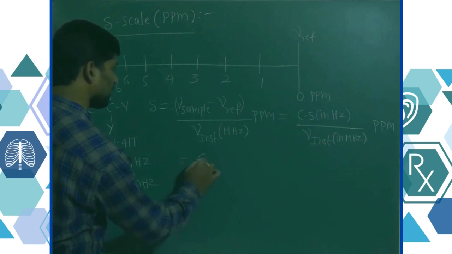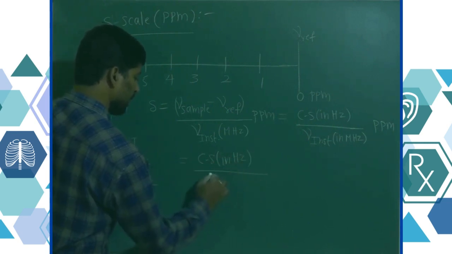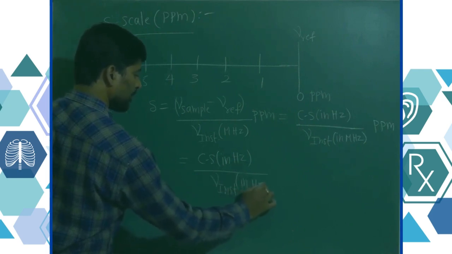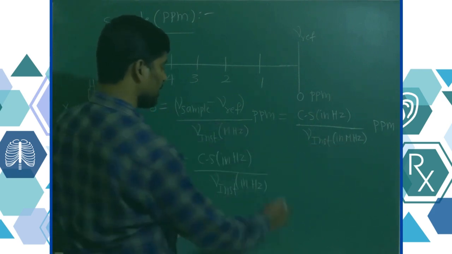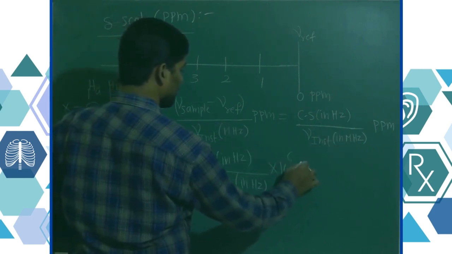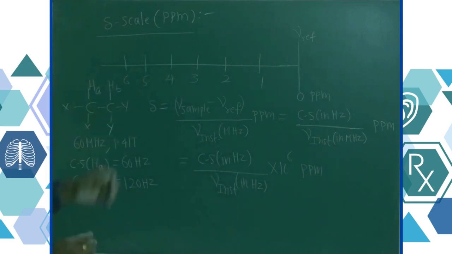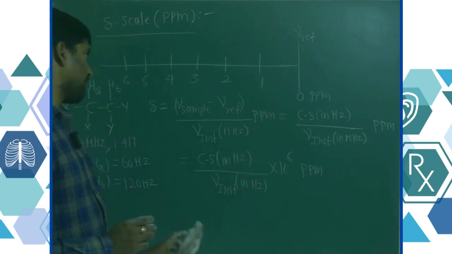Otherwise, we can write it like this also: chemical shift in hertz by instrument frequency also in hertz. If you write instrument frequency in hertz instead of megahertz, then we have to multiply with 10 power 6. So these are the various expressions for the delta scale, to calculate chemical shift in the ppm scale.